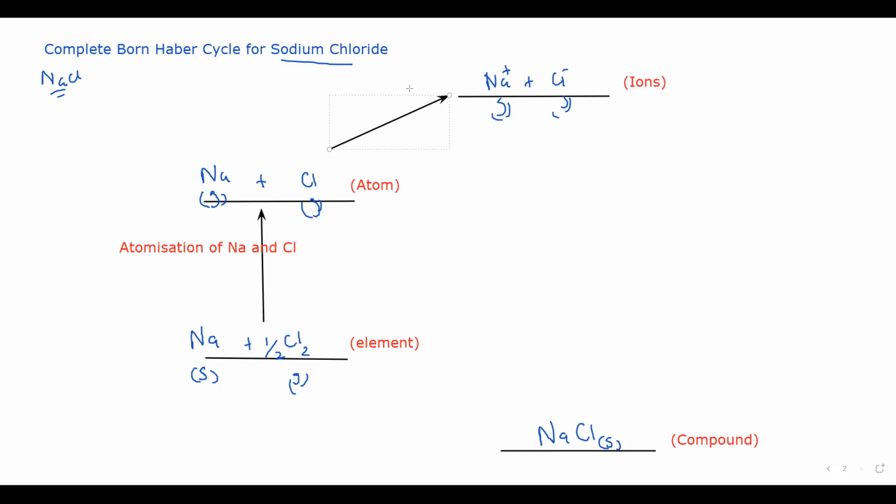Then the sodium atom turns into a sodium ion and the chlorine atom turns into a chloride ion. Because sodium is losing an electron, it is the ionization of sodium, or first ionization, because one electron is removed from sodium.